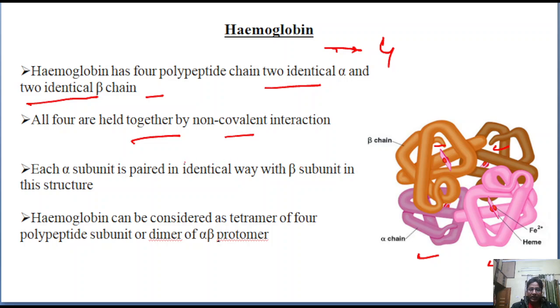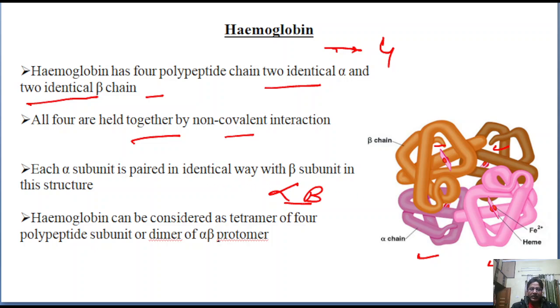Here you can see that each alpha subunit is paired in an identical way with a beta chain. So here the identical unit is the alpha beta subunit. This alpha subunit is paired in an identical way with the beta chain, and the same identical binding takes place in the other pair.